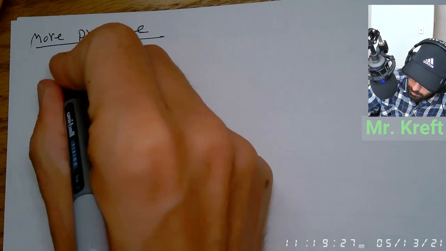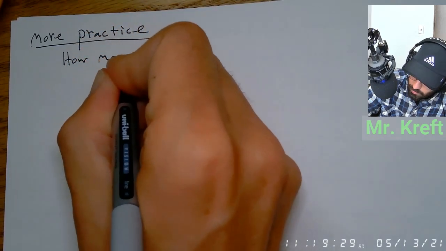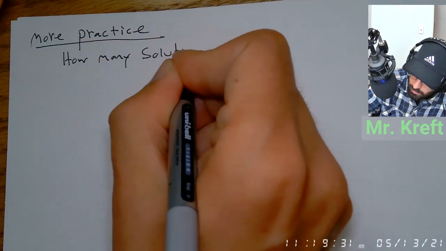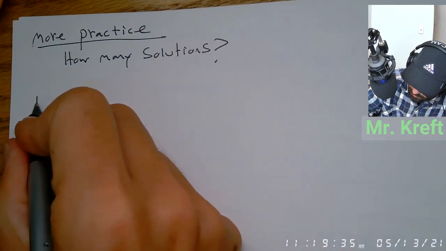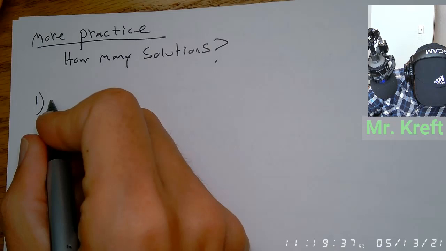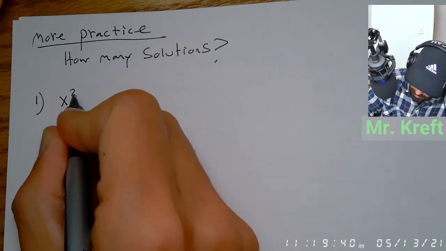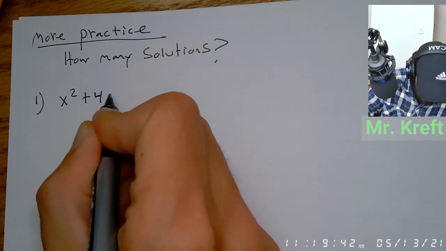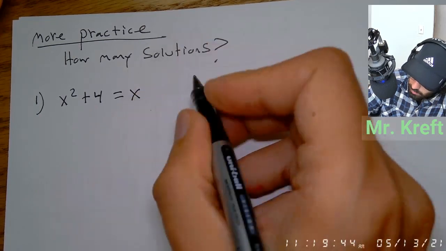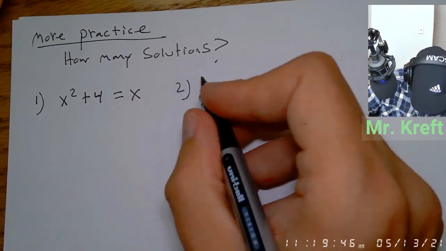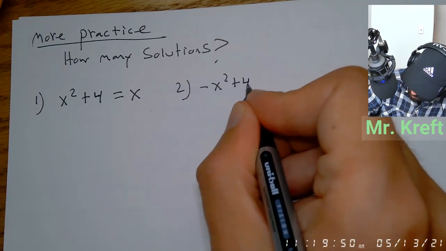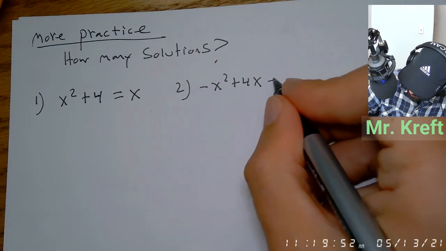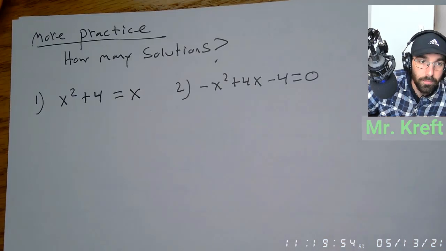Okay, so we're looking at how many solutions. We're gonna take a look at x squared plus 4 equals x, we're going to take a look at negative x squared plus 4x minus 4 equals 0.